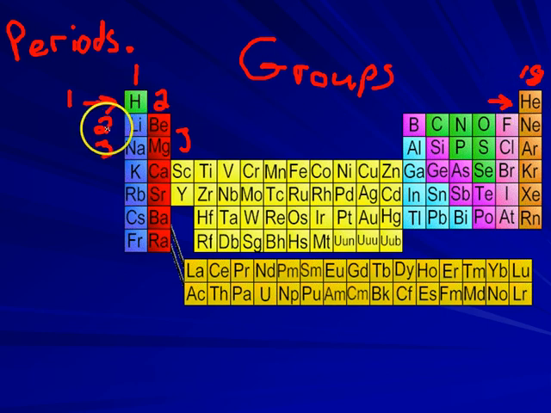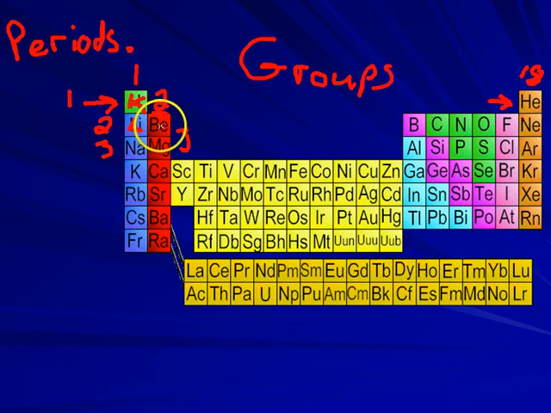Now, once we get to period number 2, you start to introduce, what's the second shell? The first one's the K. What's the second one? It's the L. So everything in here will have an L shell for the outermost shell. So lithium has 1 electron in the outer shell. Remember, these numbers right here were the number of valence electrons.